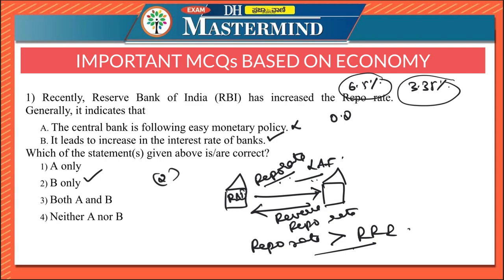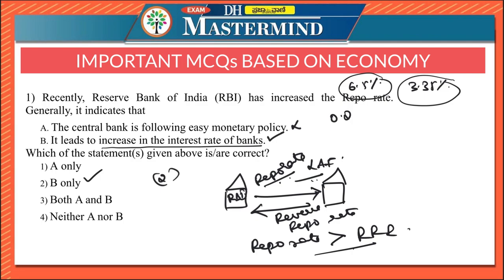When this repo rate increases, it leads to increase in the interest rate of the banks, and it will discourage banks from borrowing from RBI and lending to the customers. What usually do banks do? Banks lend to customers. So banks will have to obtain loans from RBI, and banks will also be providing loans to customers in return.